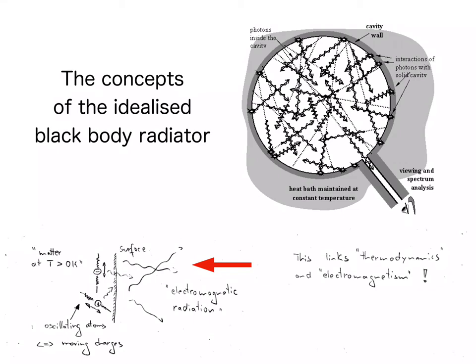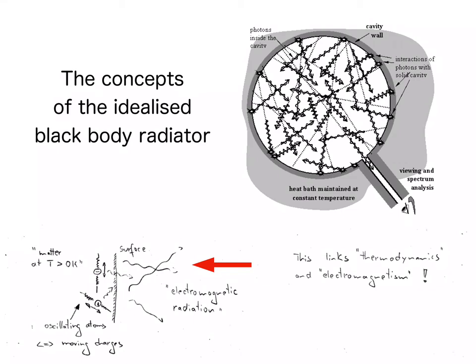The cartoon on the bottom left emphasizes the importance of the wall of this blackbody radiator. At this wall, thermodynamics and electromagnetism meet. In fact, they are linked.